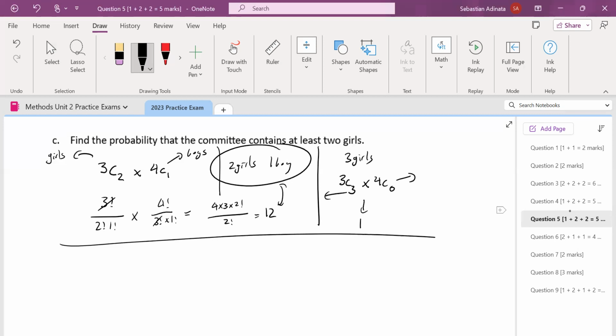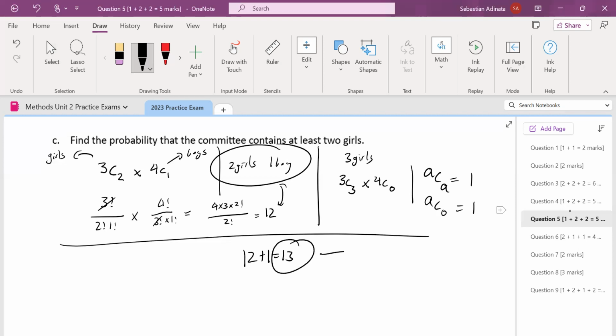So that means the total outcomes would be 12 plus 1 equals 13. Now, this is because anything choose anything equals 1, and anything choose 0 is also 1.